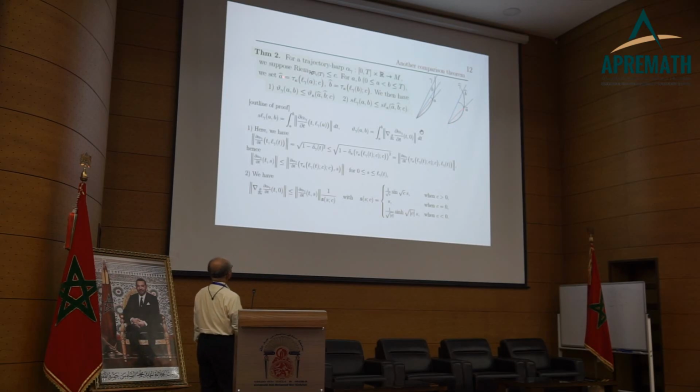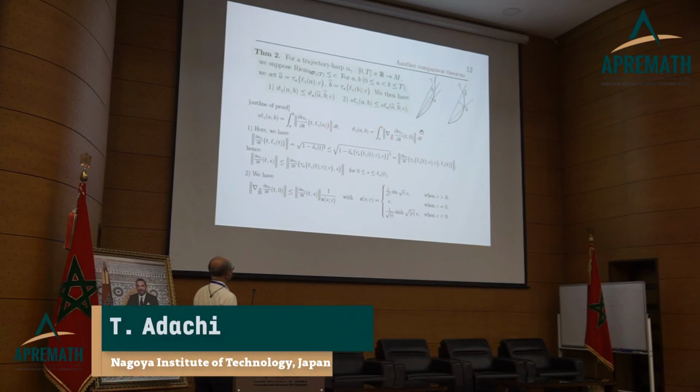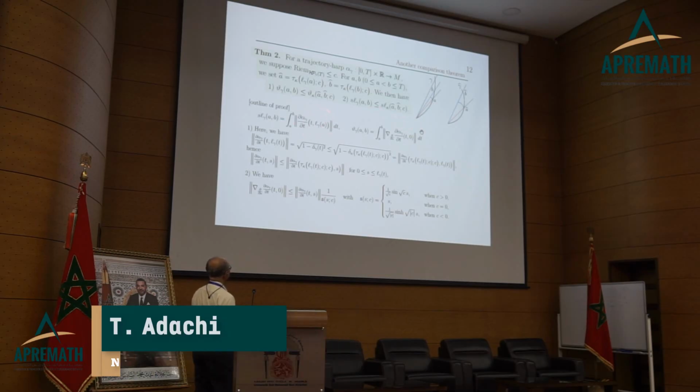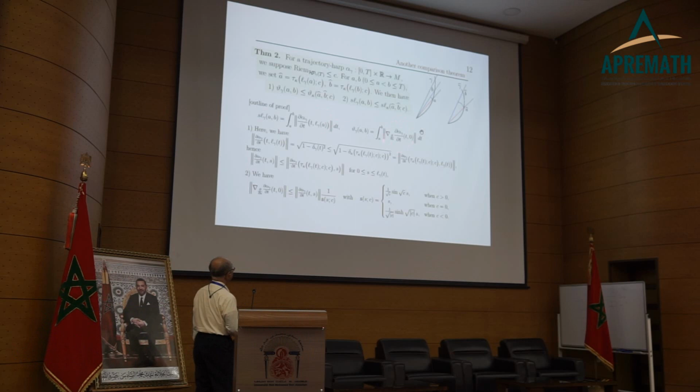The point is that we need to take the same length position. Then we can compare these. This is because these quantities can be written like this. This is the norm of a Jacobi field, and this is the norm of the derivative of the Jacobi field at the origin. So we can give an estimate by using Rauch's comparison theorem.